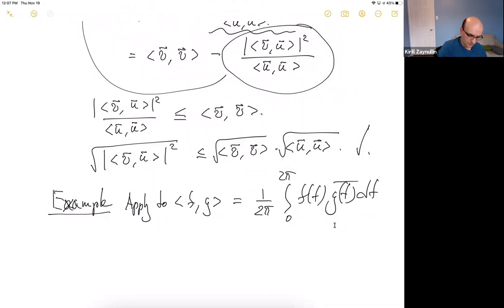What do we get in this case? So maybe f, g. What is the absolute value of this inner product? Well, that's clearly just 1 over 2 pi of the absolute value of this integral.